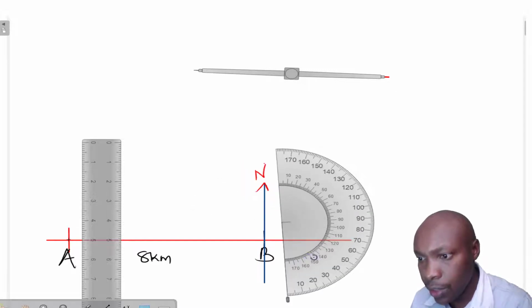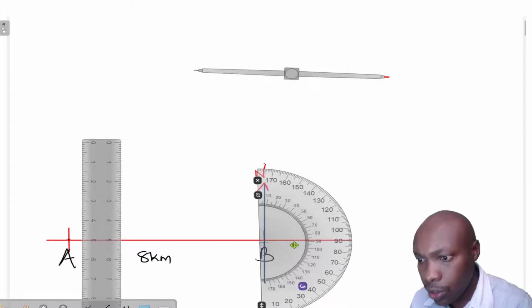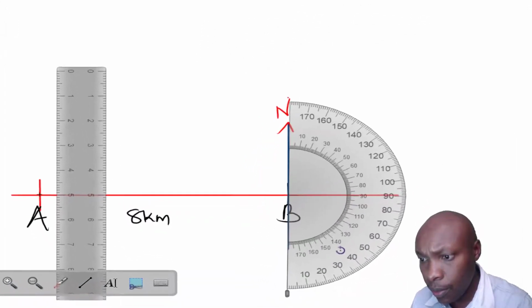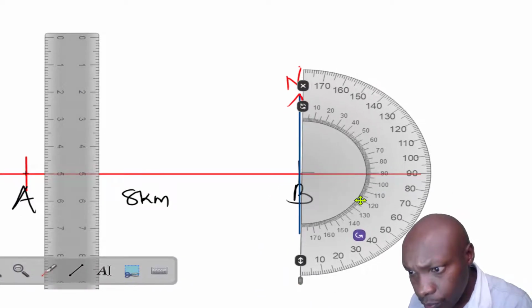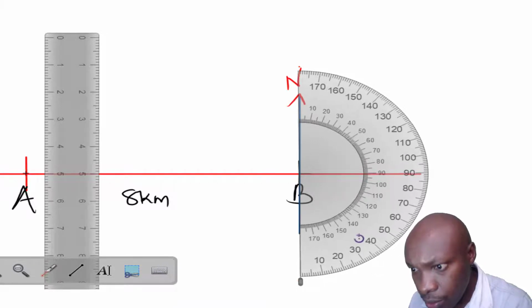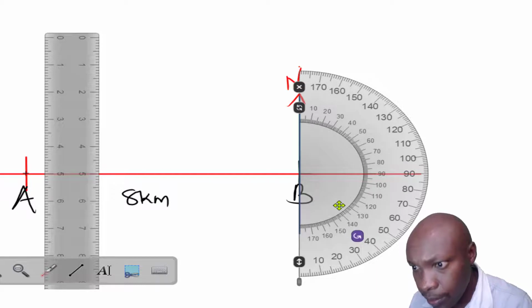That is very, very important when you're measuring this bearing. This is a true bearing. Ensure the center is well placed. Take your time.